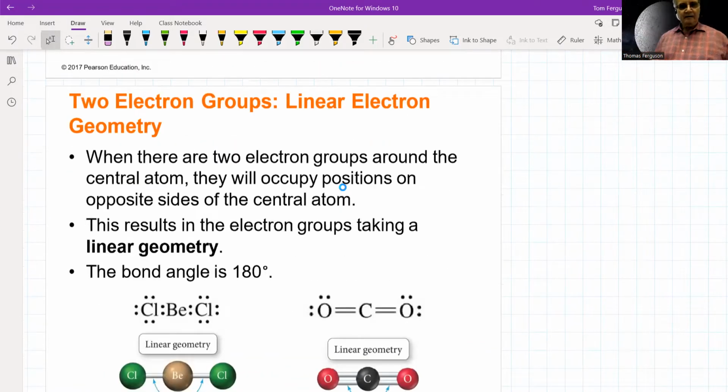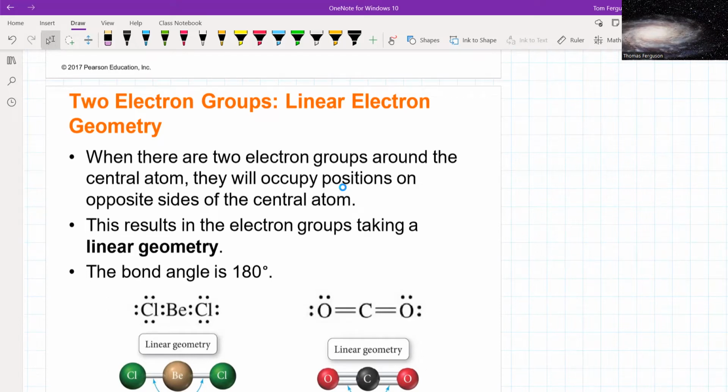If there are 2 groups around the central atom, it's called linear.